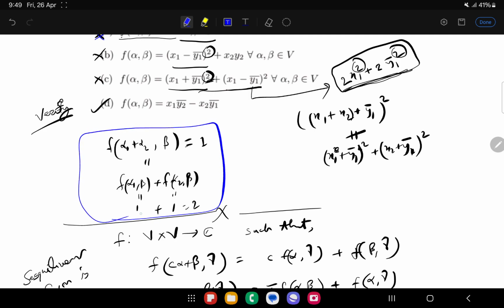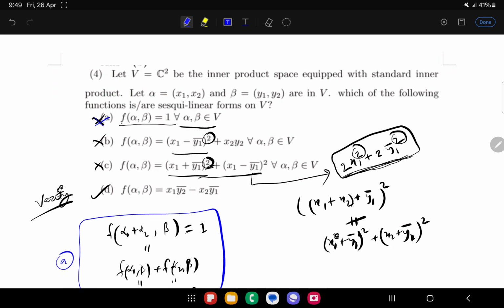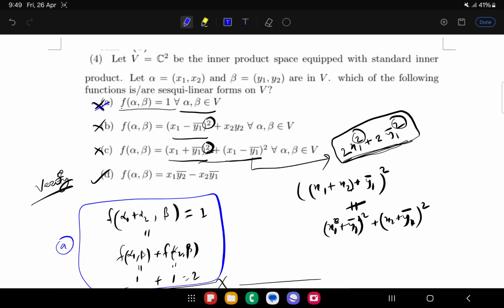Here is the description for it. For B, it is not sesquilinear, right? Because it is linear in the first coordinate. Here is a description for B and C both.